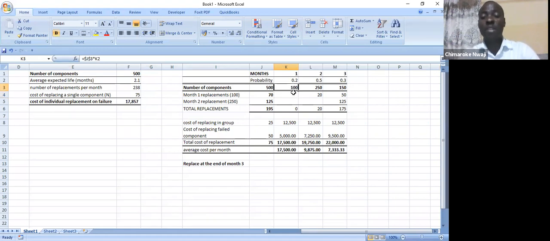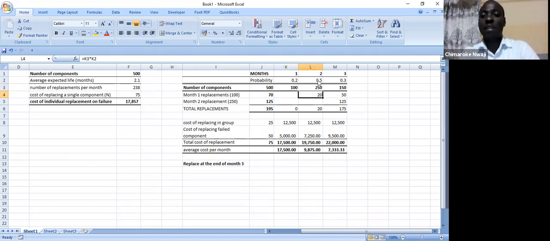It's going to be replaced at the end of month 1, which means it will be replaced in month 2. So 20% of month 1's probability. So 20% of 100 is going to be replaced in month 2.